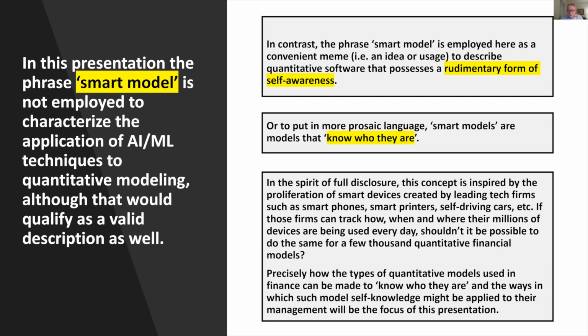As I've said earlier, this concept is inspired by the proliferation of smart devices, such as self-driving cars and smart printers, by tech companies. Precisely how the types of quantitative models used in finance can be made to know who they are, and the ways in which model self-knowledge might be applied to their management, will be the focus of this presentation.